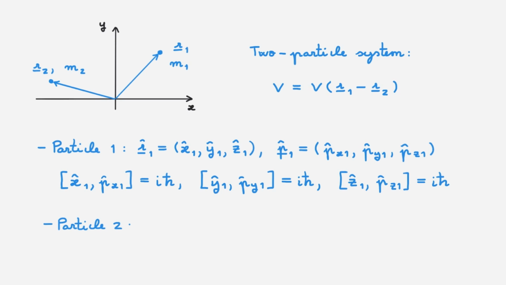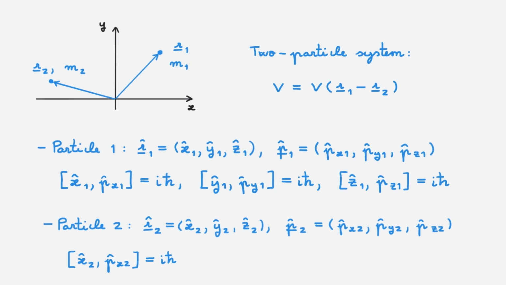Similarly, for particle 2, we have 3 corresponding position operators and the 3 corresponding momentum operators. We also have the corresponding 3 non-vanishing commutation relations along the first axis, the second, and the third one, and again, any others involving particle 2 operators vanish.